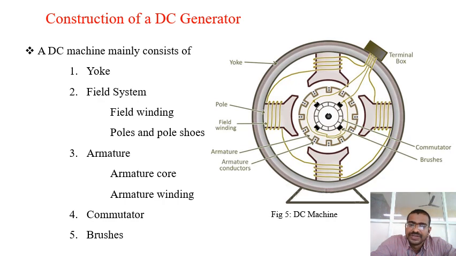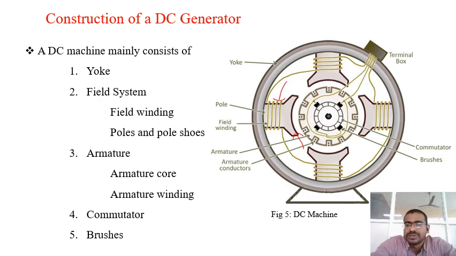The second part is the field system. The field system consists mainly of field winding and poles. The field winding is mounted on the pole core. The pole is divided into two parts: one is the pole core, another is the pole shoe.